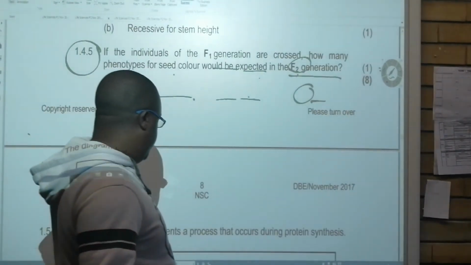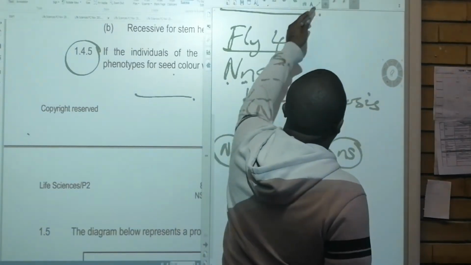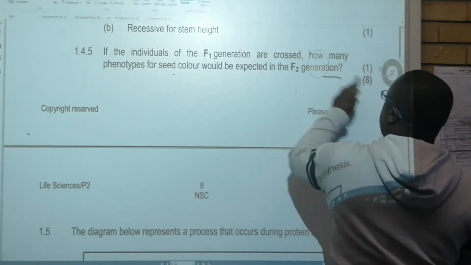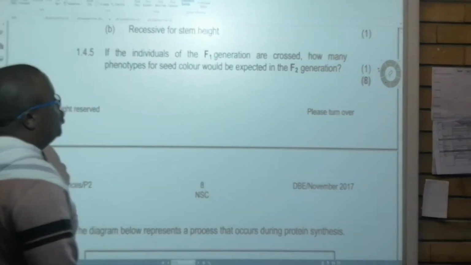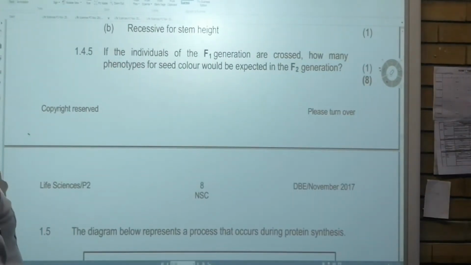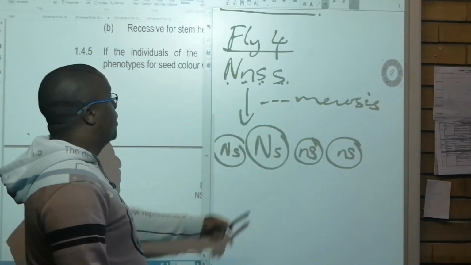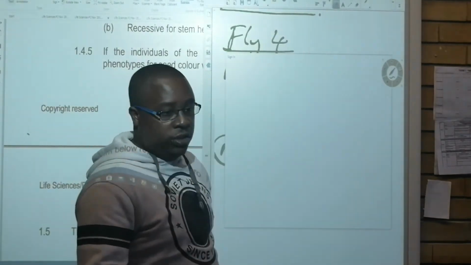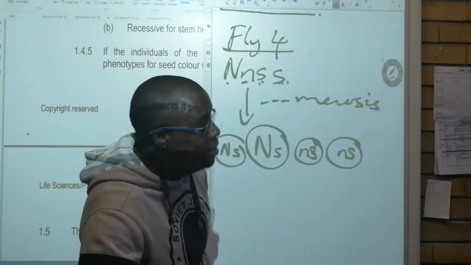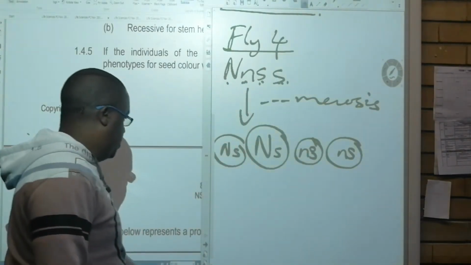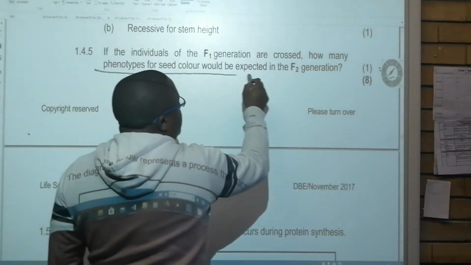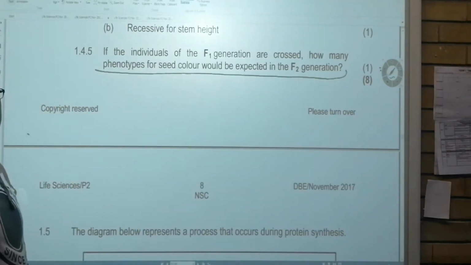If the individuals of the F1 generation are crossed, how many phenotypes of seed color will be expected in the F2 generation?